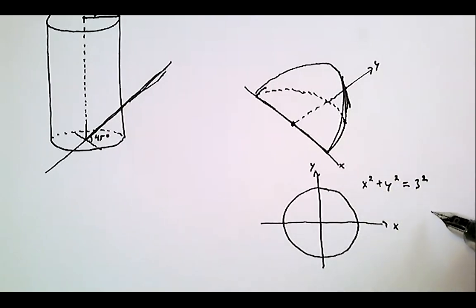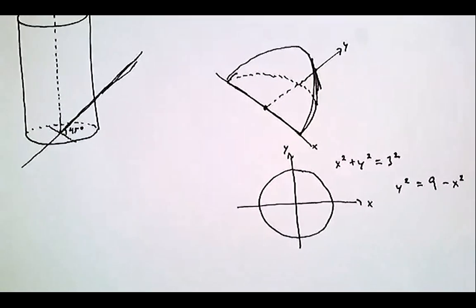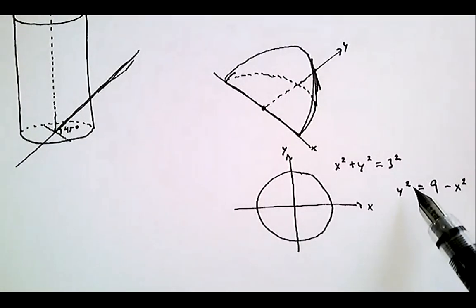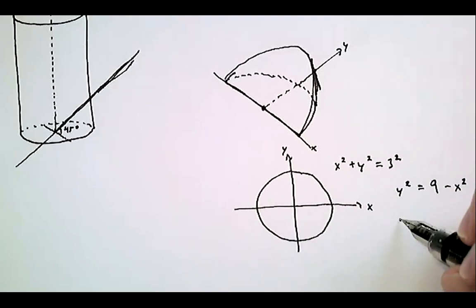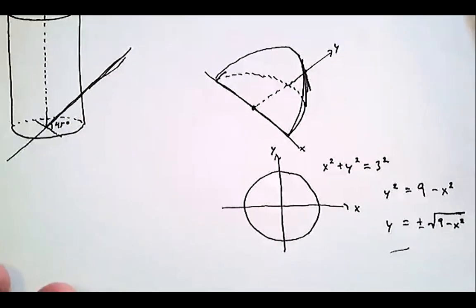Just move x squared to the right side, and you see that y squared is equal to 9 minus x squared. So 3 squared is 9. And then we need to get rid of the square by taking the square root of both sides, but we have to remember that there is a plus or minus on the square root, because when we square a negative number, the negative goes away.